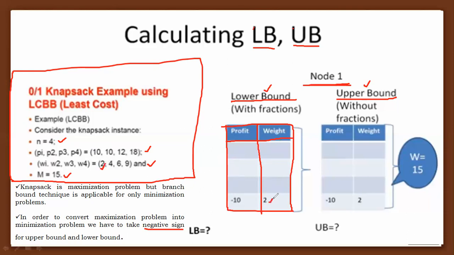The first item is to be placed into the knapsack. When the first item is placed into the knapsack, its profit is also placed here. Its profit is -10. Why -10 instead of +10? Because we need to place negative signs. So this is the weight of the first item and the concerned profit of the first item, and I need to calculate the lower bound here.